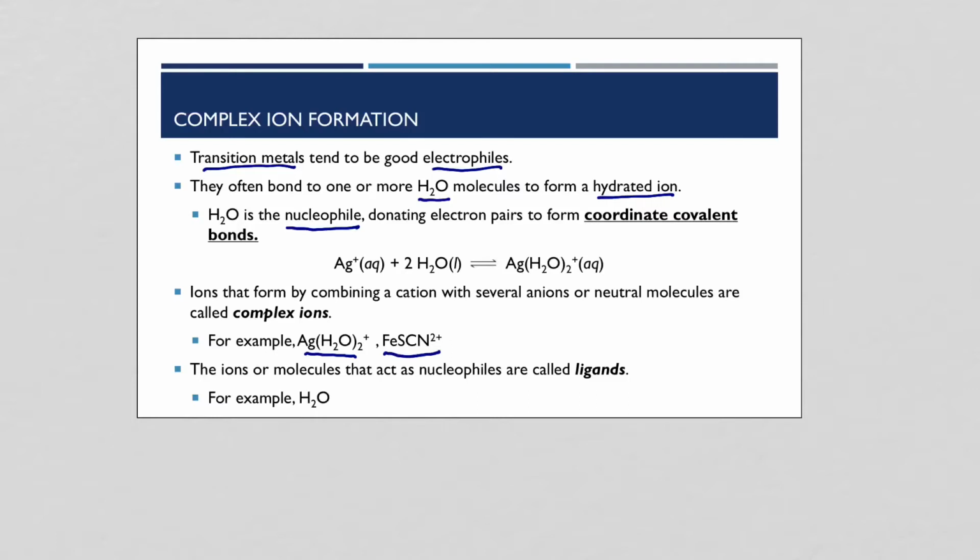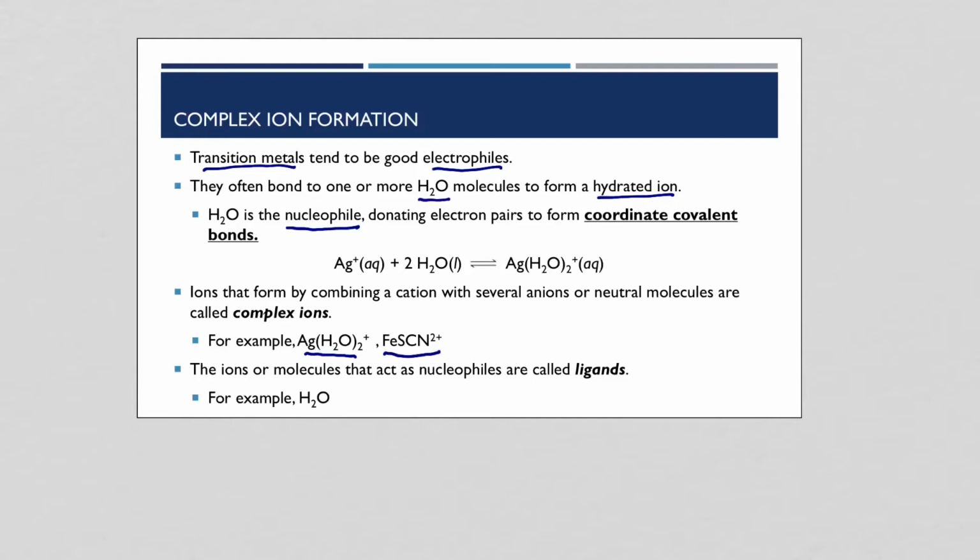So we have the metal being an electrophile wanting electrons, and we have the water in this case acting as a nucleophile wanting to donate electrons, right? Now, when this happens, we form what's called a coordinate covalent bond. This is just a special kind of bond that we talk about in these transition metal complexes, where the electrons are shared between the metal center and, in this case, the water.